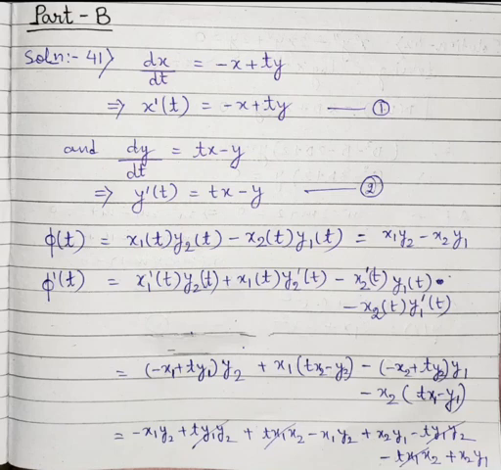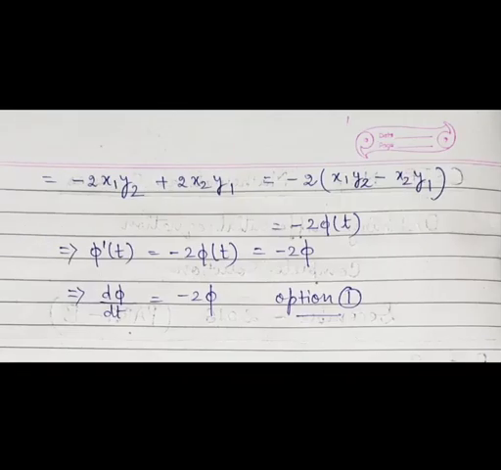On solving we will see that t y1 y2 and t x1 x2 get cancelled out, so we get -2 x1 y2 + 2 x2 y1.